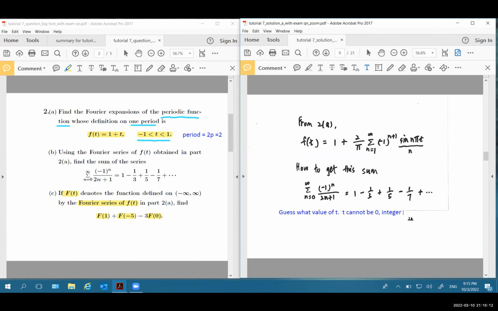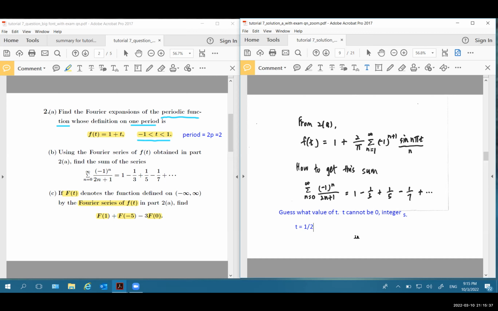So therefore you want to look at maybe fractions. So that's why you are thinking, how about t equal to half, right? Because integers cannot. And what are other nice numbers? Maybe fractions, so maybe half.